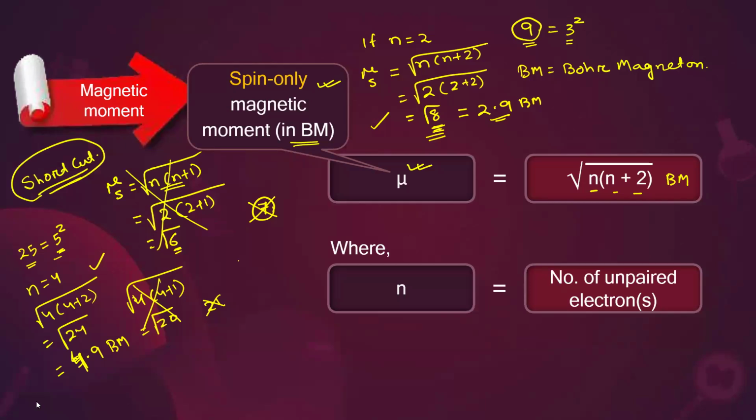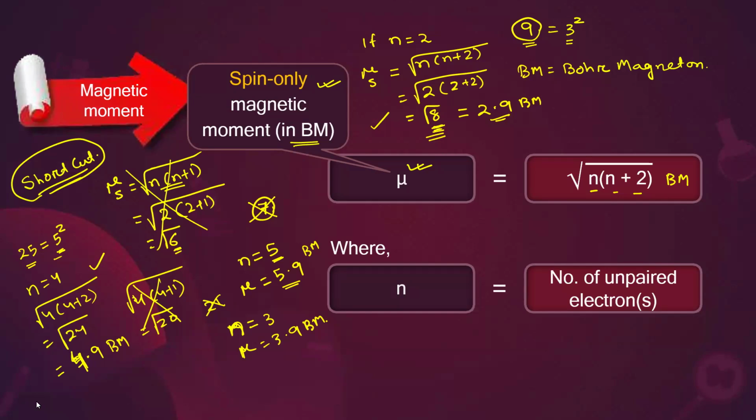If you know the n value, if you have 5 unpaired electrons, directly put .9. If you have n is equal to 5, then your magnetic moment will be 5.9. If you have n is equal to 3, then mu will be 3.9 BM.